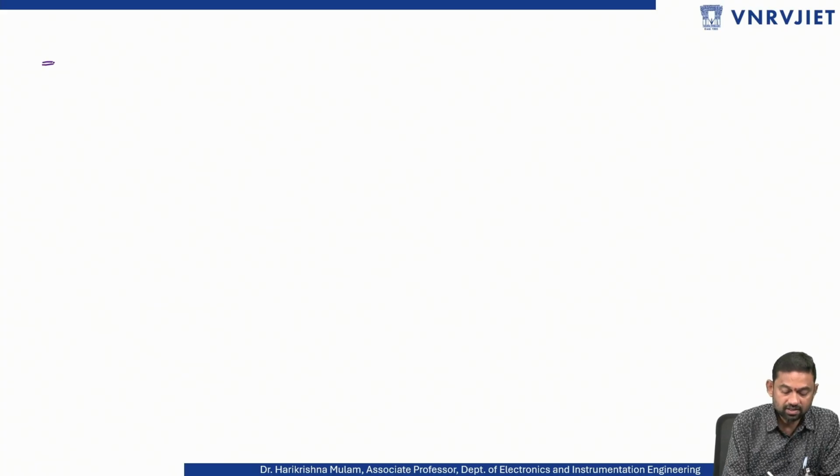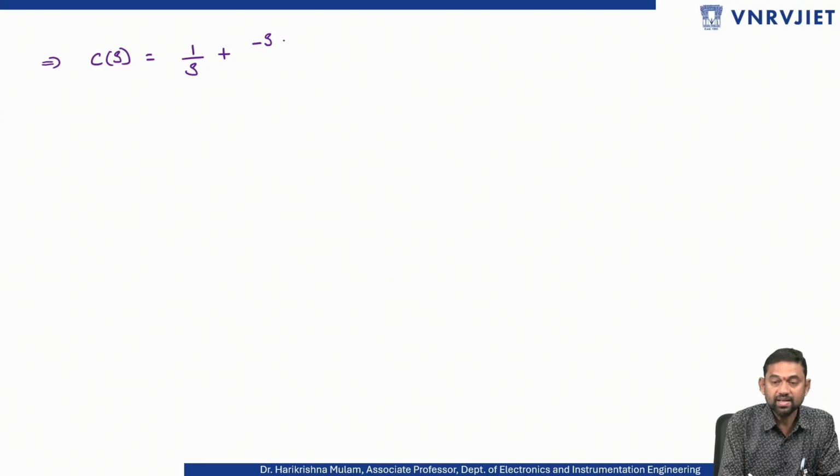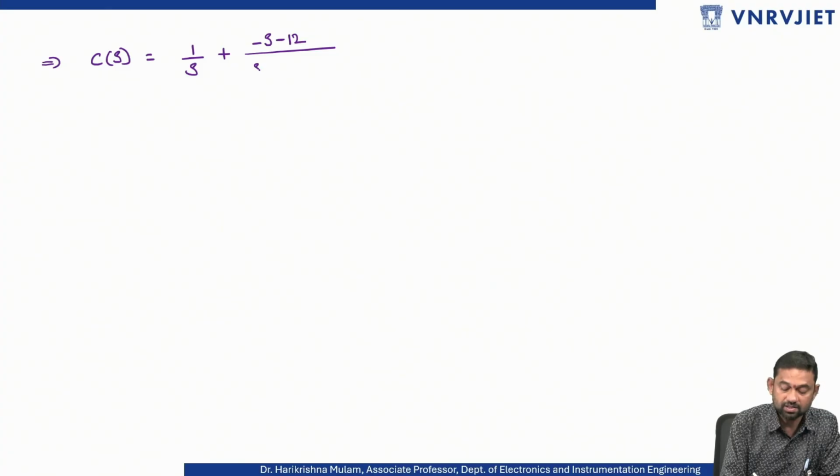Let us proceed further. Therefore, the partial fraction expression for C of s is equal to a by s, where a is 1, so 1 by s, plus bs, b value we got as minus 1, so minus s, plus c, c value we got as minus 12, divided by s square plus 12s plus 100.